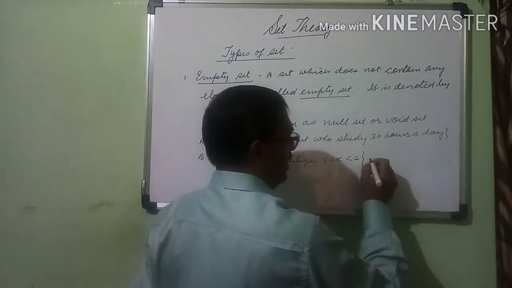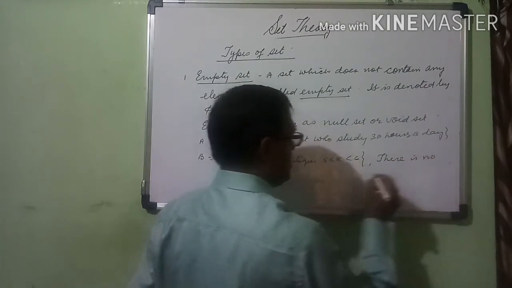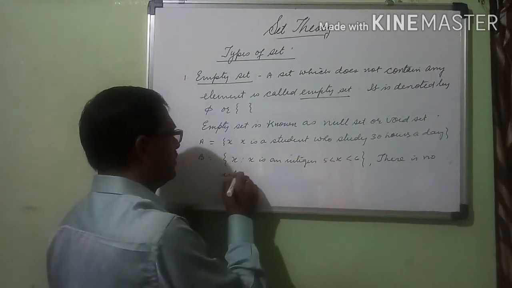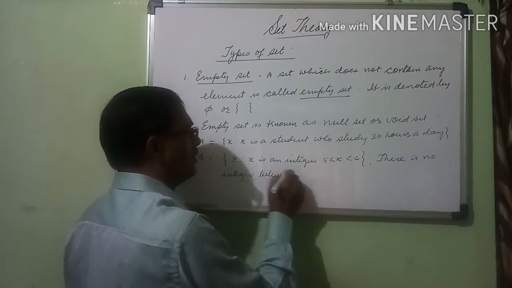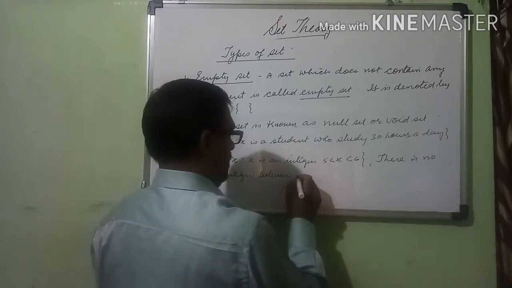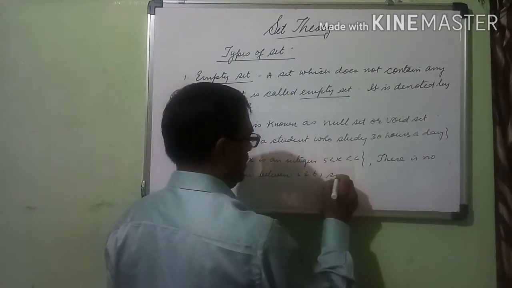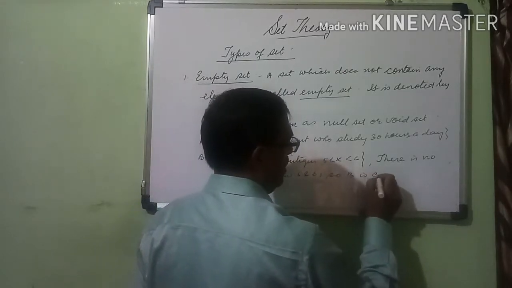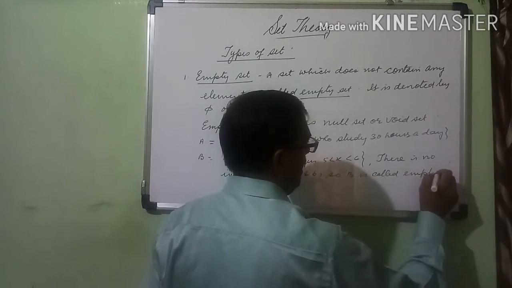So there is no integer between 5 and 6. So B is called an empty set.